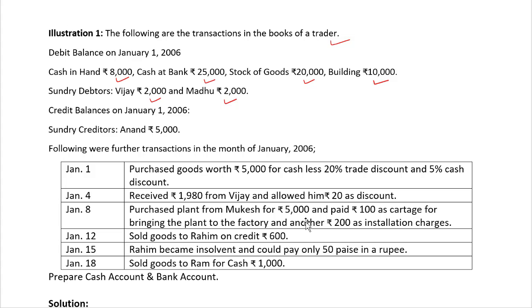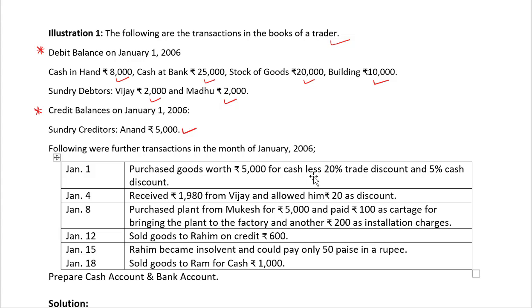Credit balance on January 1, 2006. My dear students, this was debit balance. Now see the credit balance: sundry creditors Anand, that is 5,000. Following were the transactions that took place in the month of January 2006.